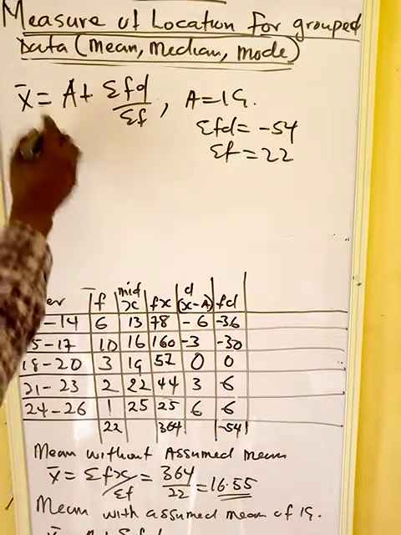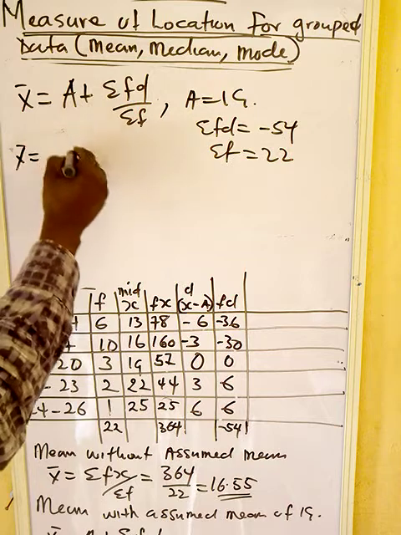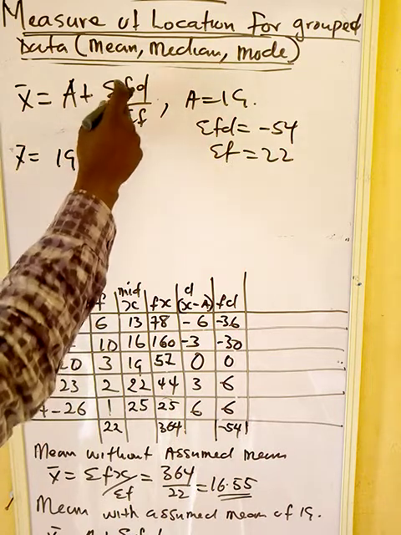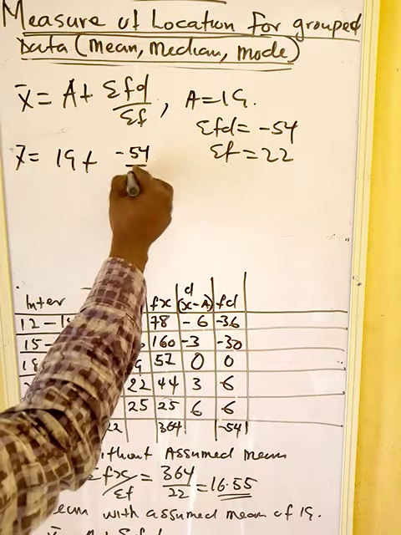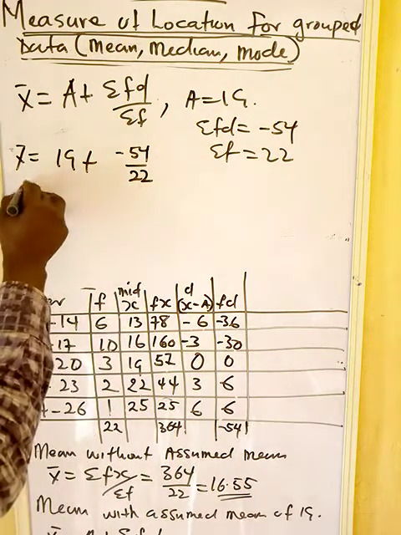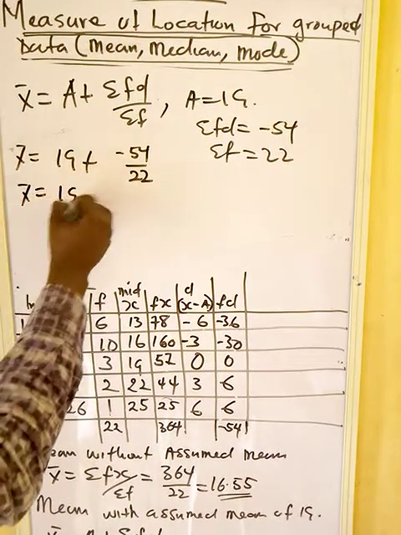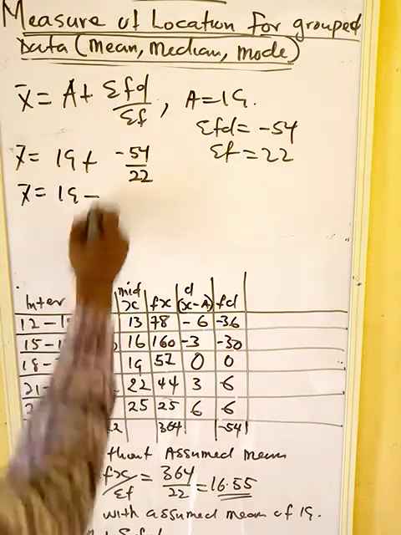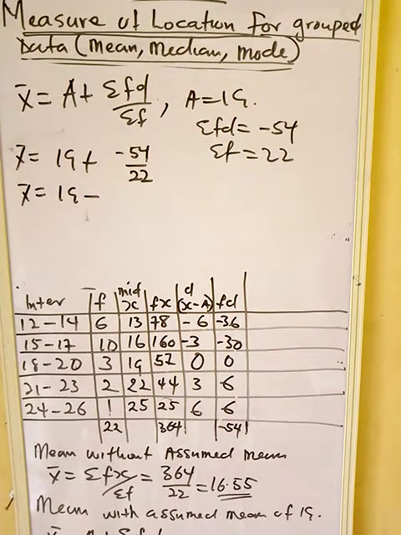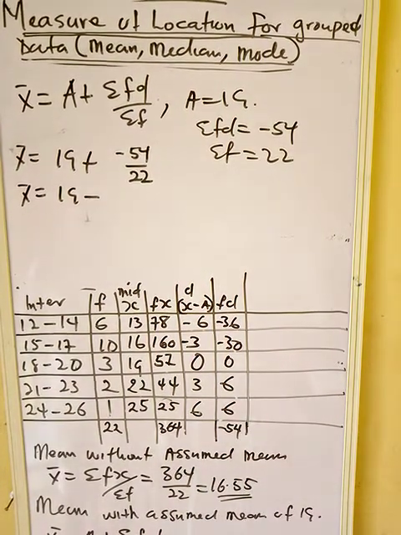So our mean equals 19 plus minus 54 over 22. Then 54 divided by 22.